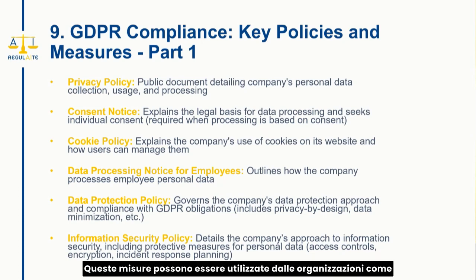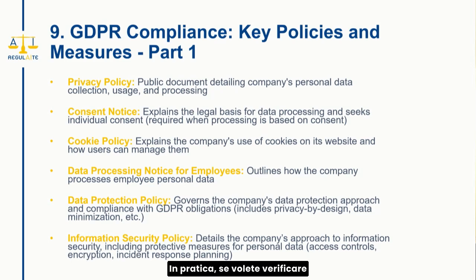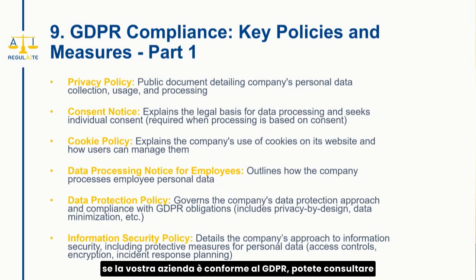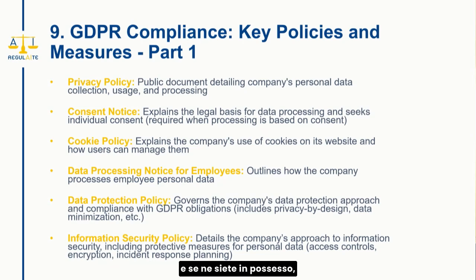So these measures can actually be used by organizations as a checklist and as a GDPR compliance framework. Every time you want to see if your company is GDPR compliant, you can go through this checklist and see if you need it and if you have it.